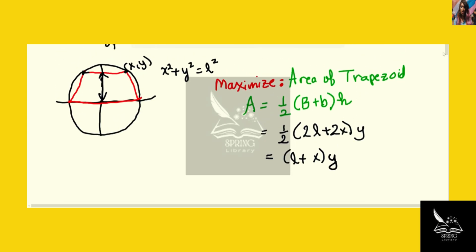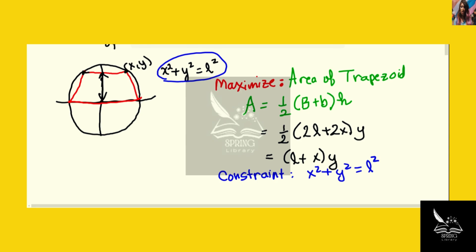So now what you do is you take the derivative and you set it equal to 0, but we have too many variables. Oh, but we know this. So we can use this to get rid of one of them. That's our constraint, x squared plus y squared equals L squared. It doesn't matter which one you solve it for, x or y.